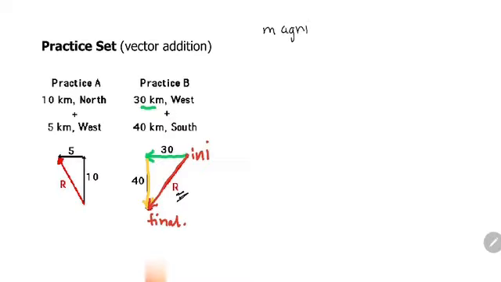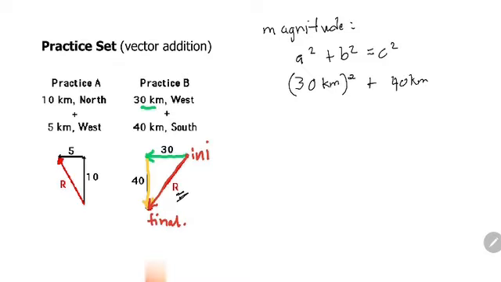Magnitude, you need the Pythagorean theorem. A squared plus B squared equals C squared. So, A squared, 30 squared, B squared, B is 40 kilometers. C is the R squared. 30 squared, that's 900 kilometer squared. 40 squared, 1,600.